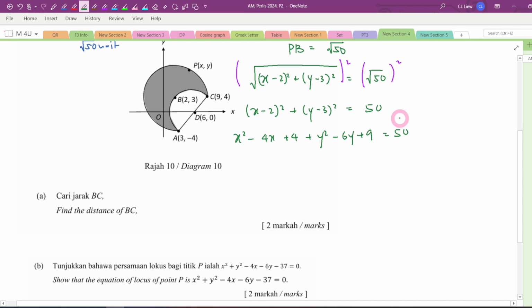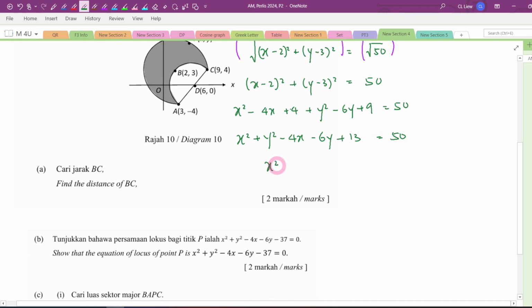Okay, let us rearrange all the terms nicely. x squared plus y squared minus 4x minus 6y plus 13 is equal to 50. x squared plus y squared minus 4x minus 6y plus 13 minus 50 is equal to 0.